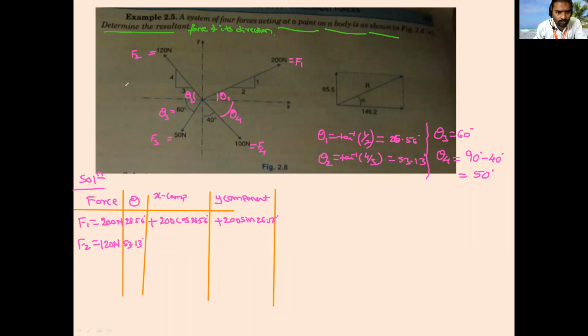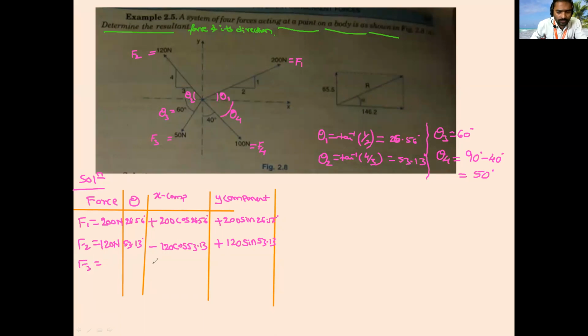So Fx is moving left, that is minus 120 cos 53.13. Fy is moving upward, so plus 120 sin 53.13.